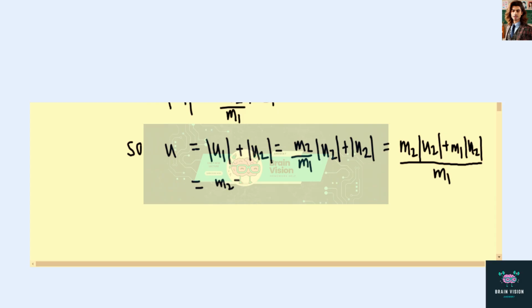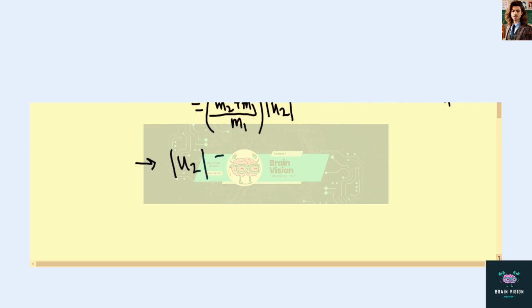This is analogous to how it was rewritten in terms of u1. So this time, u will be written as the sum of the masses divided by m1 times the magnitude of u2. And then the speed for u2 would be equal to m1 times the speed u divided by the sum of the masses.